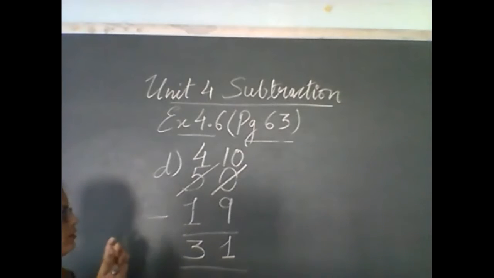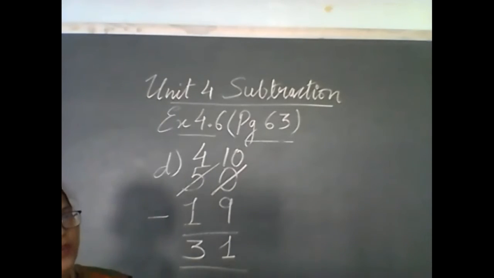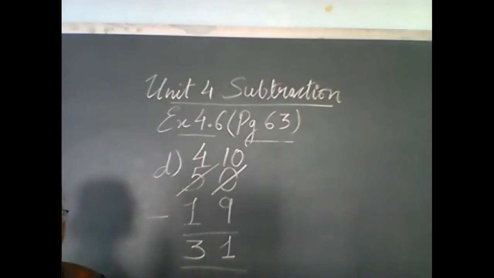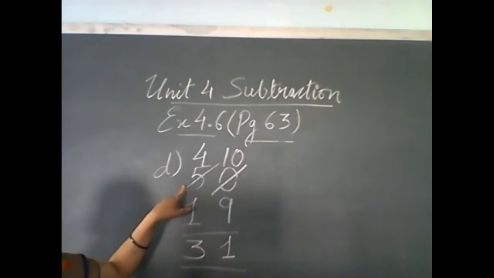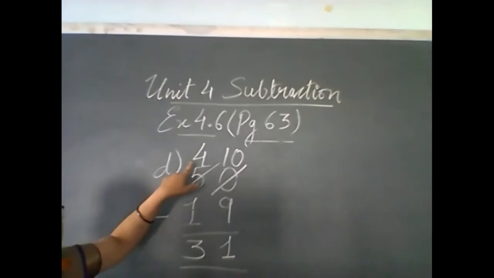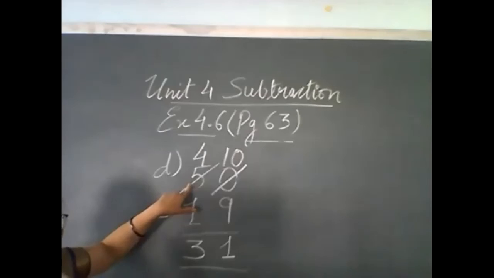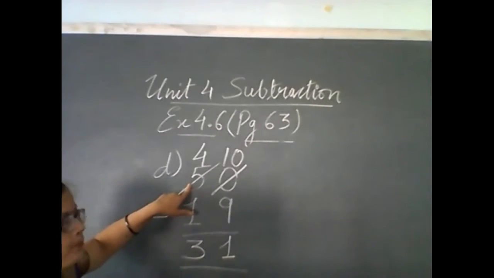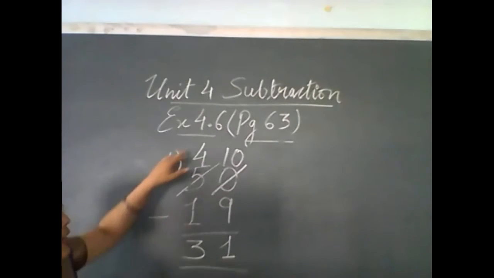Whenever you do this type of questions, subtraction with regrouping, the two things you have to keep in mind are: when you borrow from the number, you have to decrease it by 1. Like here, when you have taken away 1 from 5, you have to cut 5 and write 4.